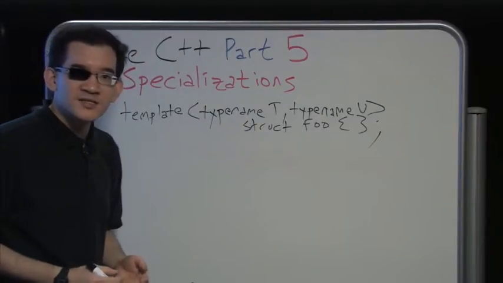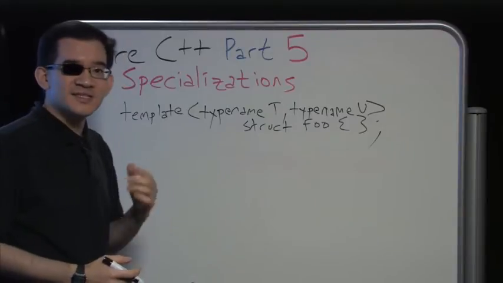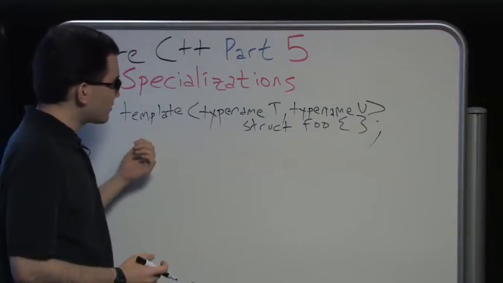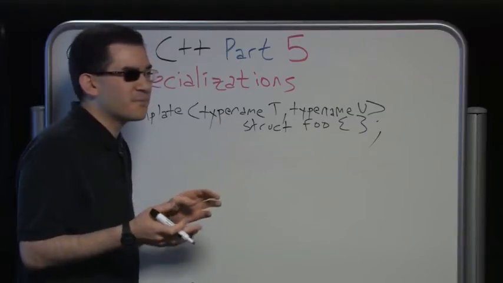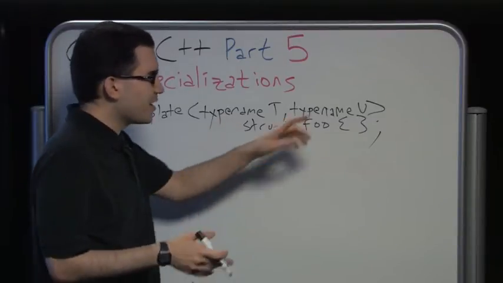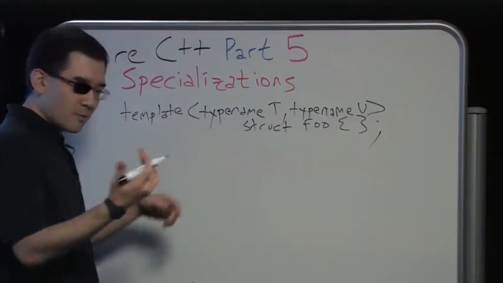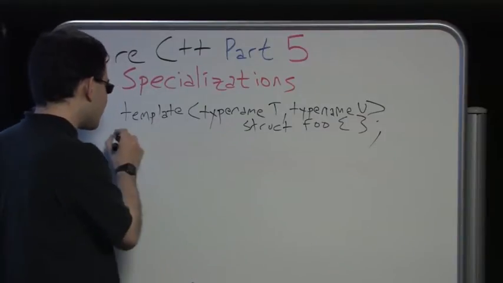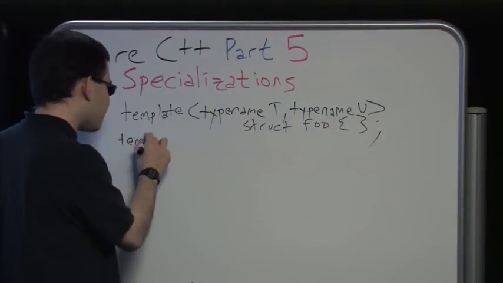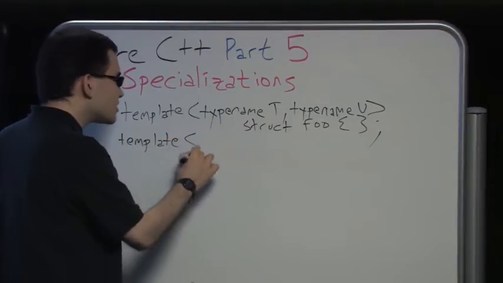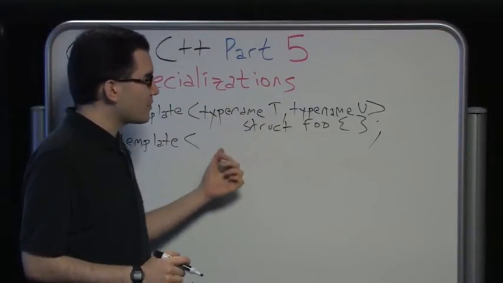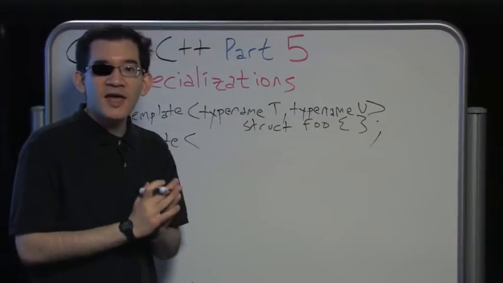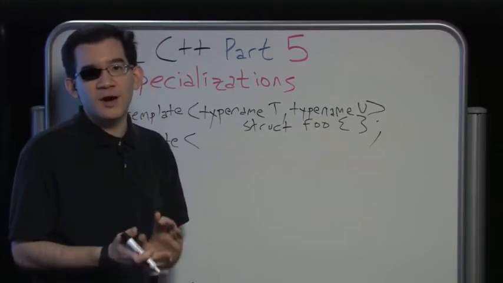For a partial specialization, it's still a template. It's just more specific than the primary template here that permits arbitrary T, maybe it's a function pointer type or a reference to array or something, and arbitrary U. Like I just did with Kitty, I could say, okay, I want a template, and the first thing is that the names that I give to any template parameters in a partial specialization have no relationship whatsoever to the primary template.